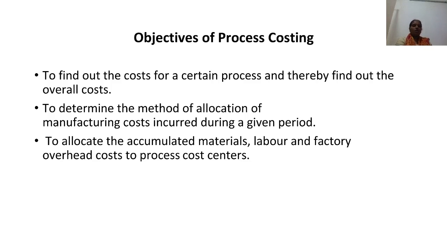Next one, different products, with or without byproducts, may be produced simultaneously at one or more stages or processes of manufacture. The valuation of byproducts and apportionment of the joint cost before the point of separation is an important aspect of this method of costing. In certain industries, byproducts may require further processing before they can be sold.